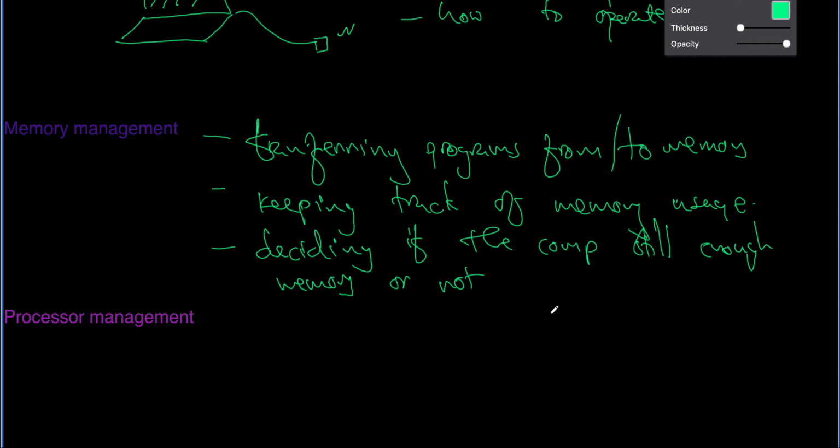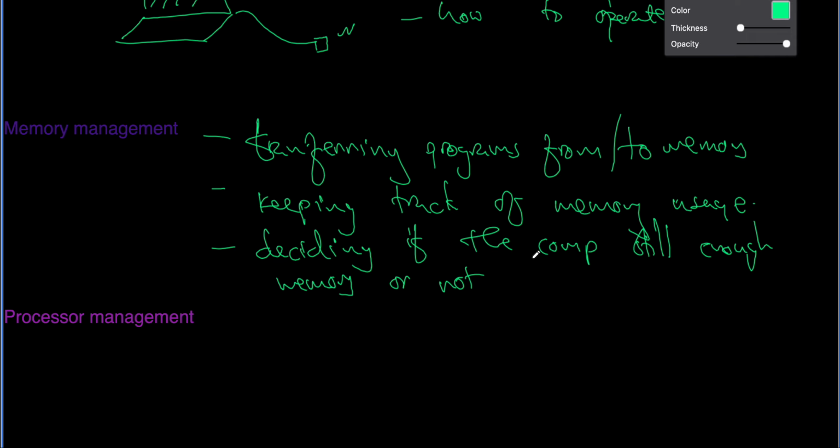You get the point? When a transmission stops because of insufficient memory, the part of the computer that checked if there is enough memory or not is the memory management part, right?